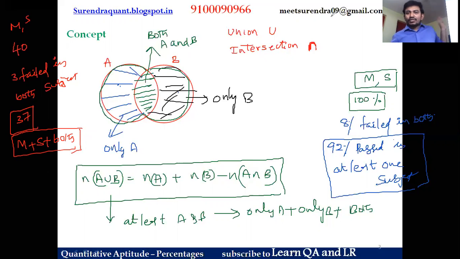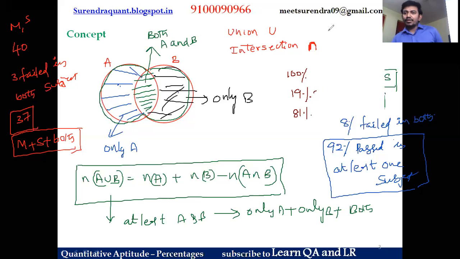Now let us say one more statement, guys. 100% take a test. If I gave a statement, 19% failed in both, then what percent of students pass in at least one of the subjects? 81%. Right? Let's take one more numerical. Let us have 100% idea about this.